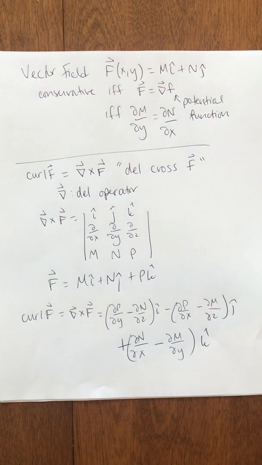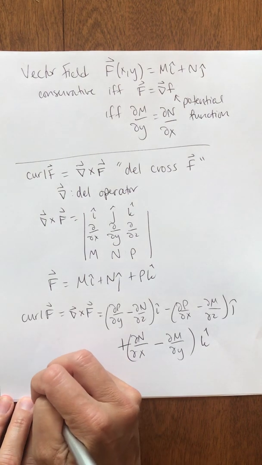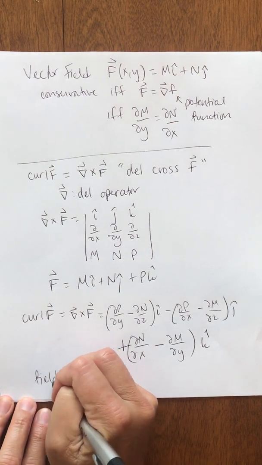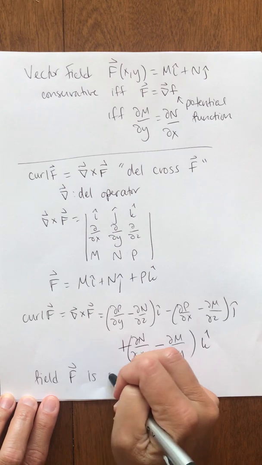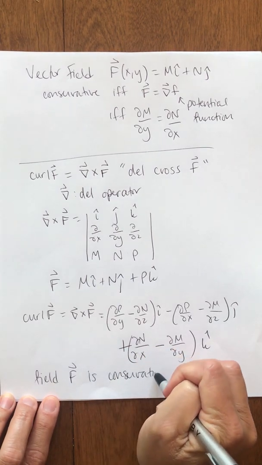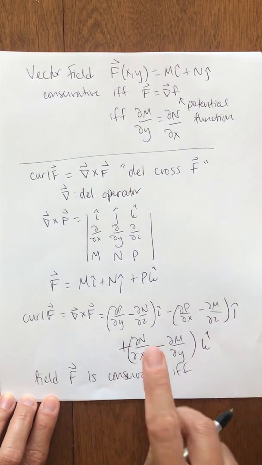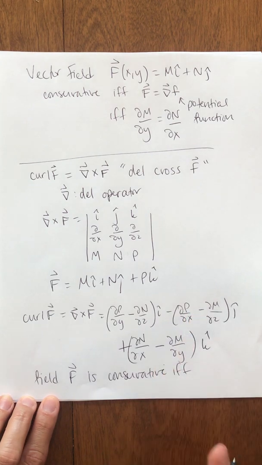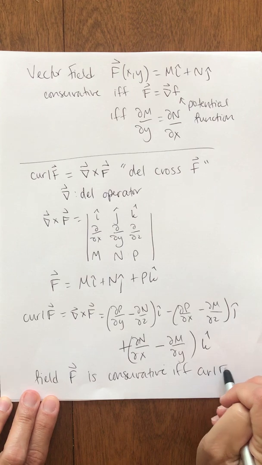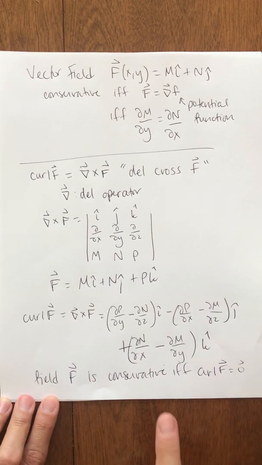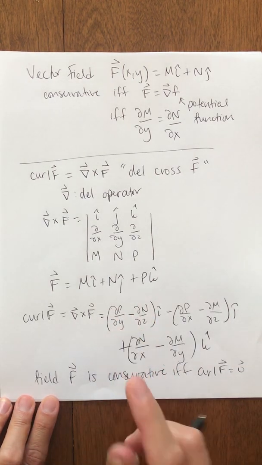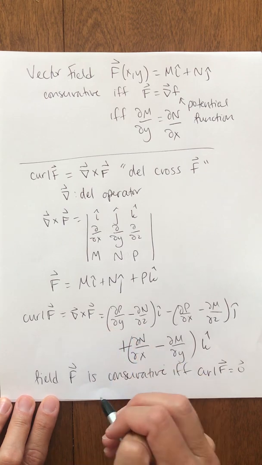So when we talk about a field, we're going to say that our field f is conservative if and only if each of these components is 0. If curl f is the 0 vector, that means that each one of these components is 0, so these must be equal.